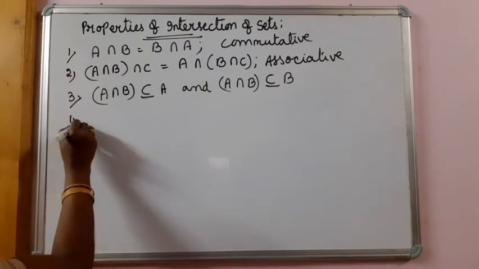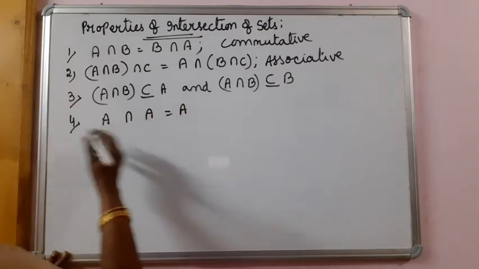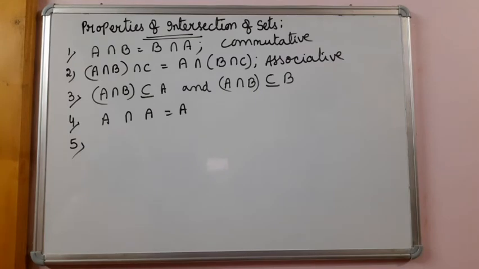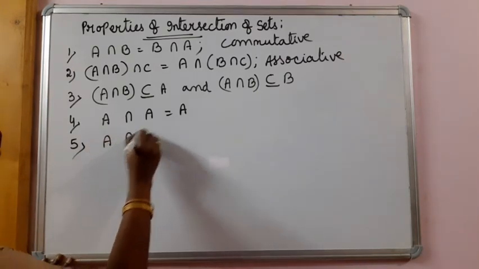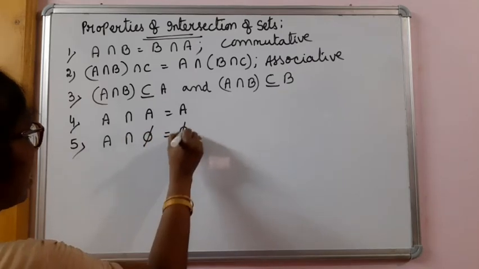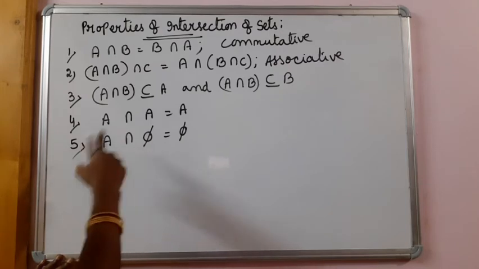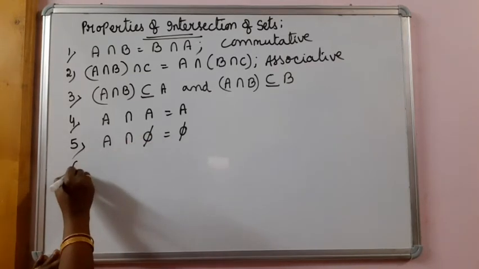And your fourth property is A union A is A. In the same way, A intersection A is also A. But A intersection empty set is empty, whereas the union will be A. A union empty means A, but A intersection empty is the empty set. Intersection means we have to see common elements, so that is the empty set.